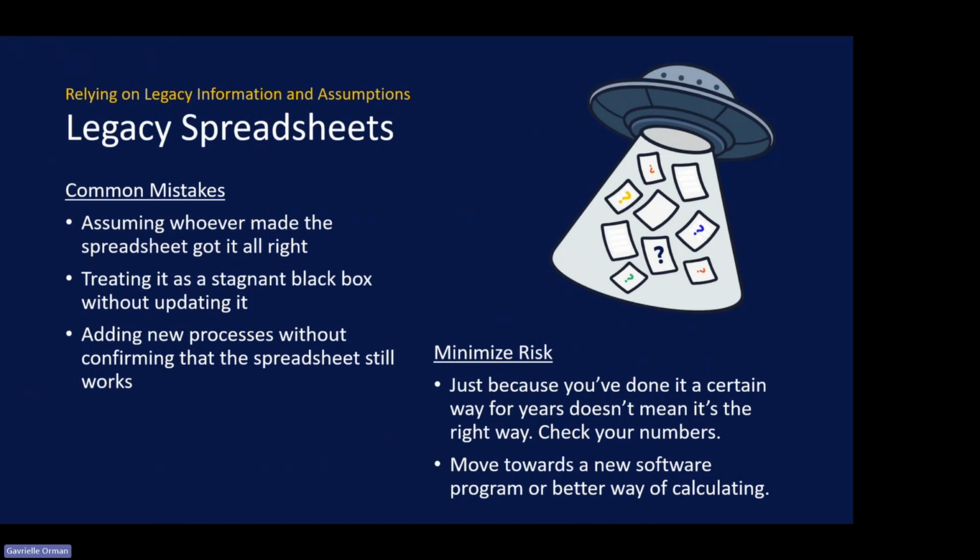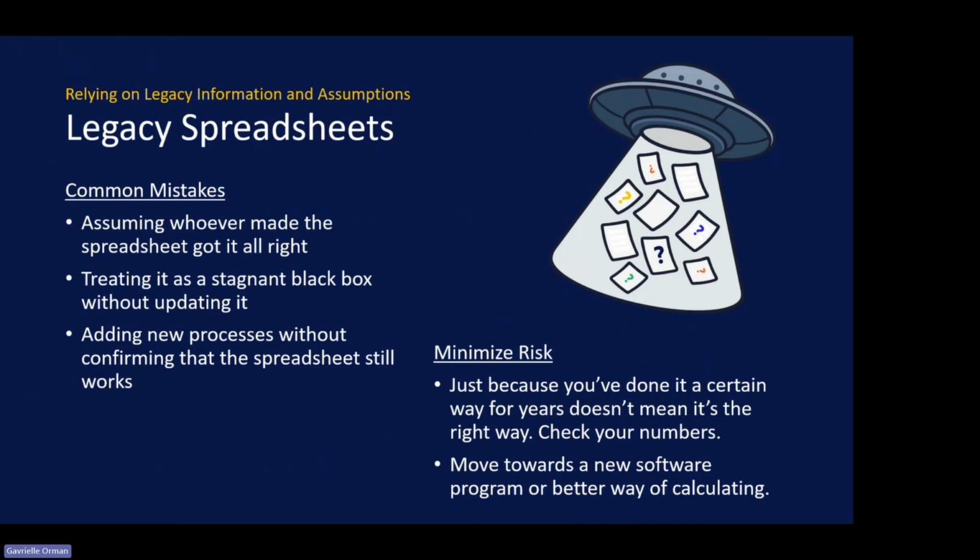The biggest mistake I see is that, say you are a new hire in your EHS department and you're handed the company's TRI spreadsheet. The biggest mistake people make at that stage is assuming that whoever made the spreadsheet got it all right in the first place. Just because the spreadsheet's been used year after year does not mean that it is correct.